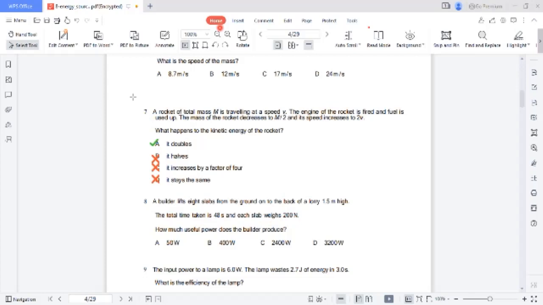So the weight of each slab is 200 newton, and there are 8 slabs. 8 times 200, so total weight is 1600.